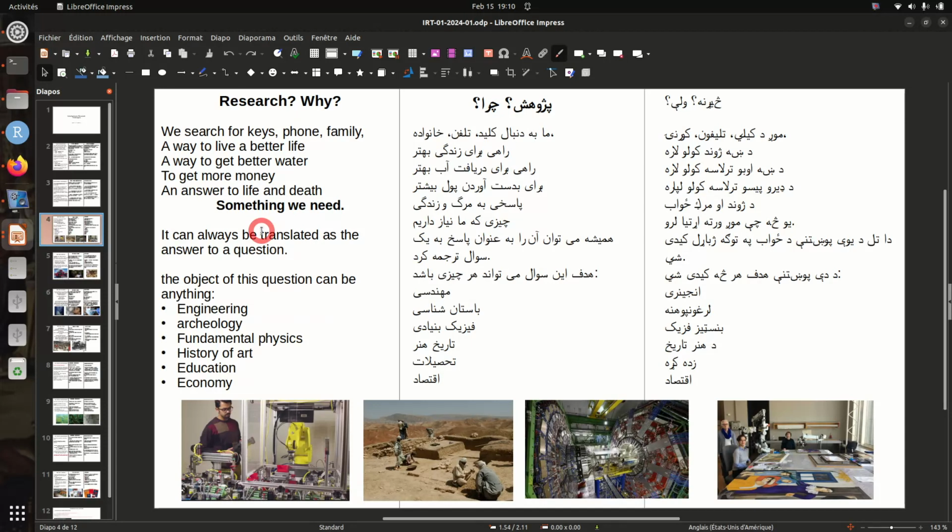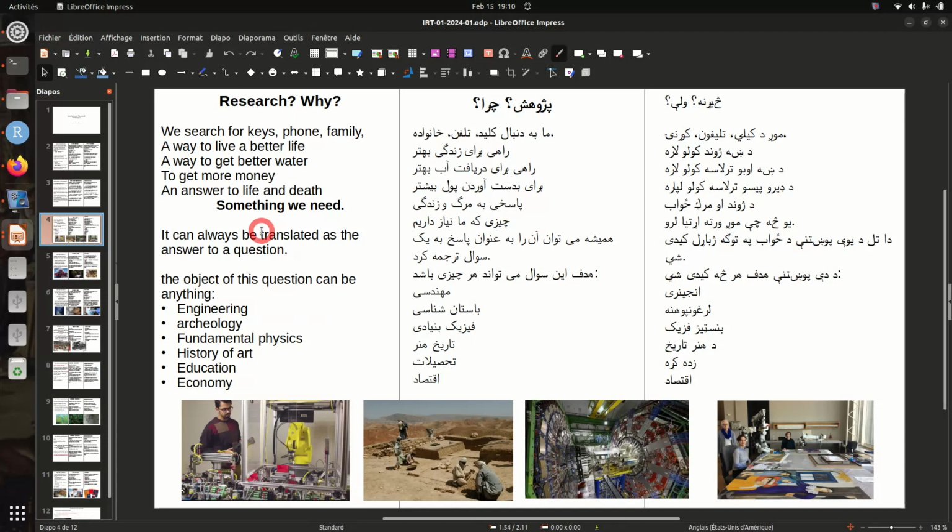But before we ask about research techniques, why do we do research? Why do we search? We search, just on a basic level, keys. We search sometimes for members of our family.